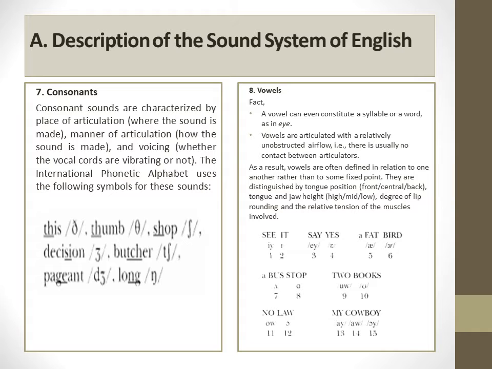As a result, vowels are often defined in relation to one another rather than to some fixed point. They are distinguished by tongue position (front, central, back), tongue and jaw height (high, mid, low), degree of lip rounding, and the relative tension of the muscles involved.